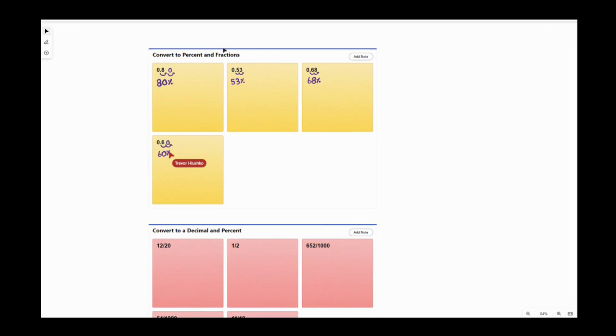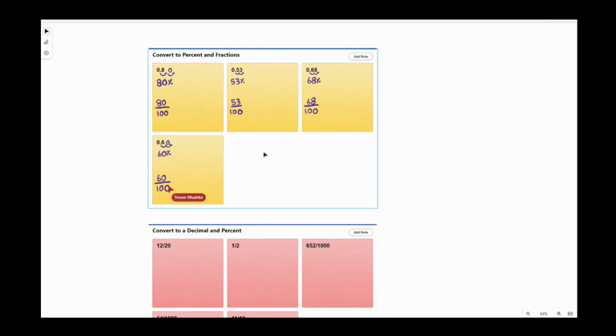So we could take it from the percent option, which is 80%, is per cent, like per 100. 53 percent, 68 percent, 60 percent. Okay. Now, those are fractions.